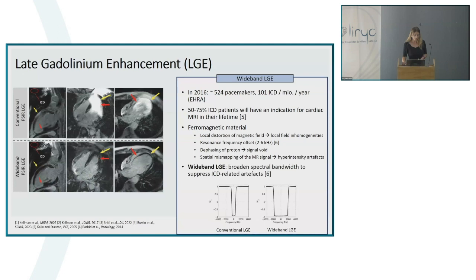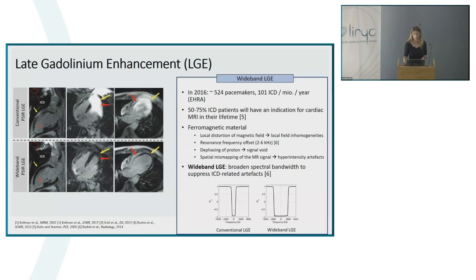In 2016, Rashid and colleagues developed the concept of wideband LGE, where they proposed to widen the spectral bandwidth of the inversion pulse in order to suppress these hyper-intensity artifacts. The idea is, when you have the device, some of the spins will precess not at the normal frequency but at a different frequency.